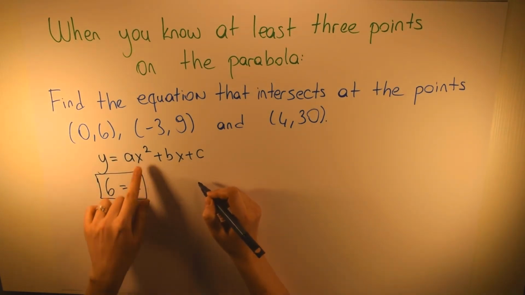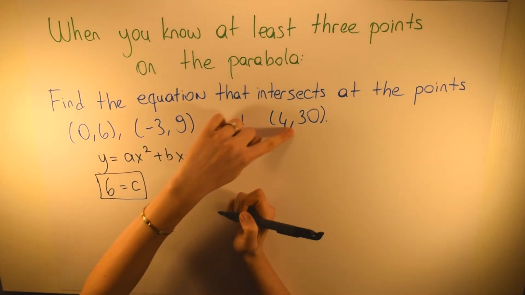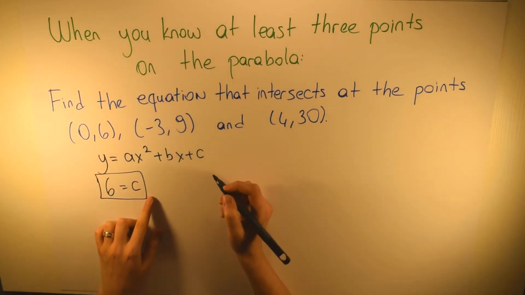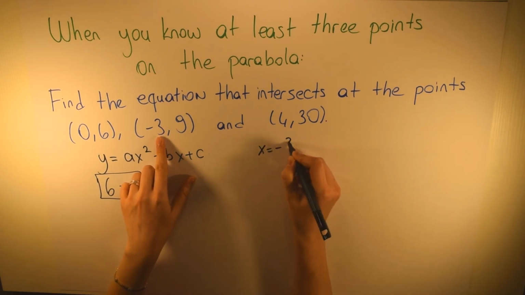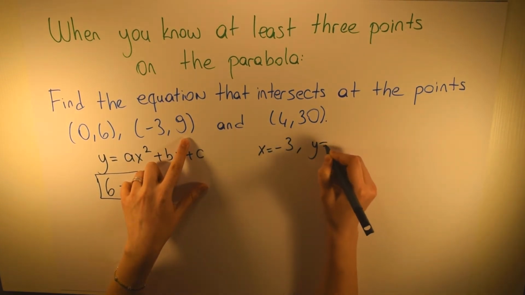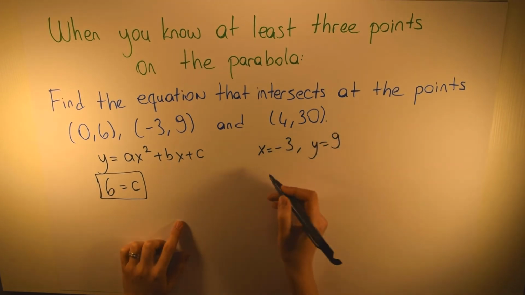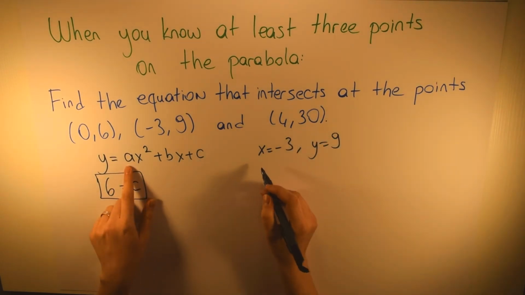So after that we will put these values on this equation. Let's do that. When x is equal to minus 3, y is equal to 9, right? So let's write it down here.